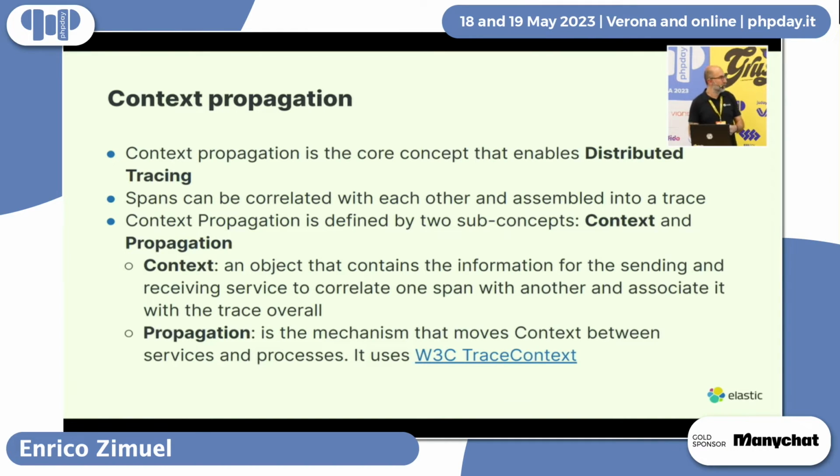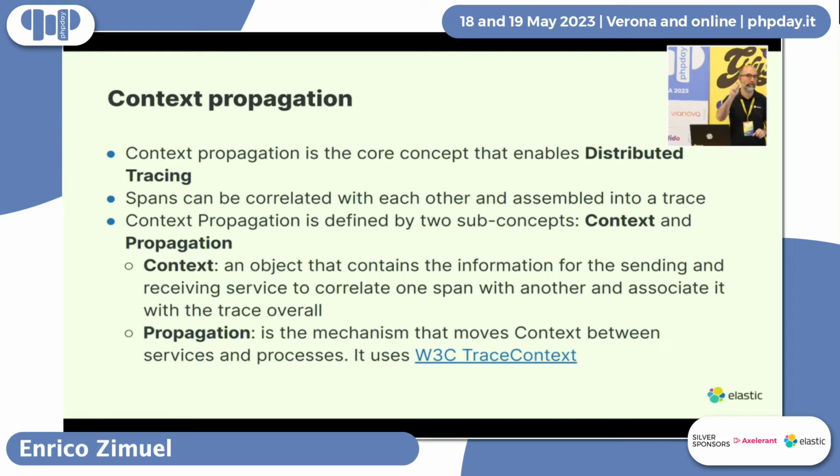For the propagation, we have a standard, actually from many years ago, a W3C standard that is the trace context. So basically, if you read the specification, it says, look, if you put this information, which is an ID, in a specific header, and you propagate this header to all the HTTP services, at the end you have a way to connect all the flow, and basically with OpenTelemetry you can extract and reorder all the information that represents it in a graphical way. So that's the idea, very simple.